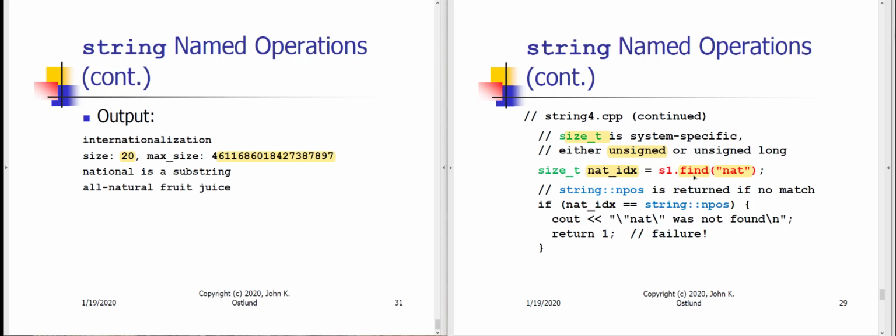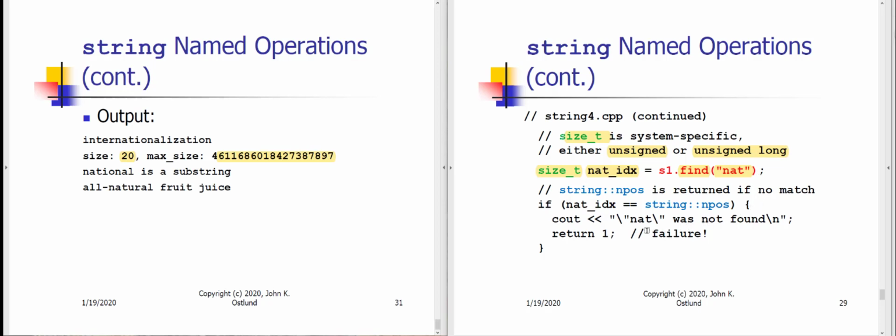Now, if we look at the documentation for the find member function, we'll see that it returns some type of value called a size_t. Size_t is a so-called defined type, and depending on your particular compiler, it will either be the unsigned int data type or the unsigned long data type.